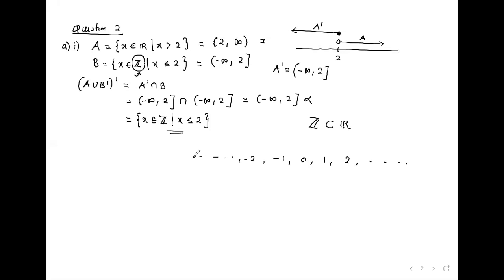These are integers. So when you're intersecting integers with real numbers, you get integers as an intersection, because all integers are real numbers, but not all real numbers are integers. That's the reason why your solution set becomes integers.